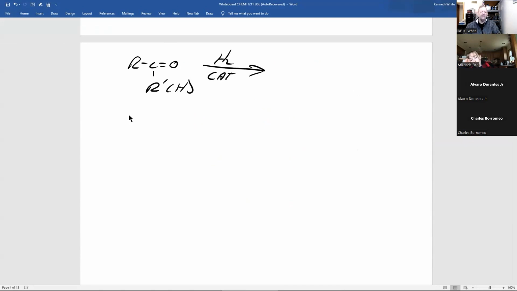You learned for test number 2, you have an aldehyde or ketone. When R prime is hydrogen, it's an aldehyde. When R prime is carbon, it's a ketone. React with hydrogen and catalyst. Remember, the catalyst can be platinum, nickel, or palladium.